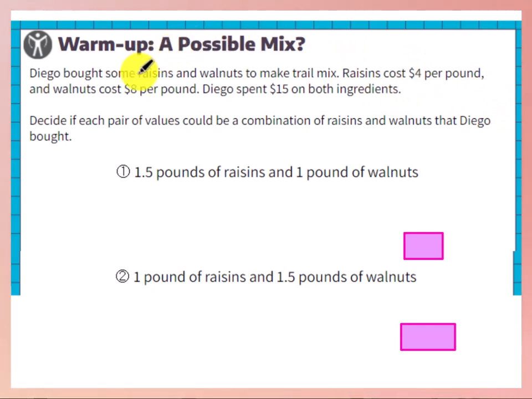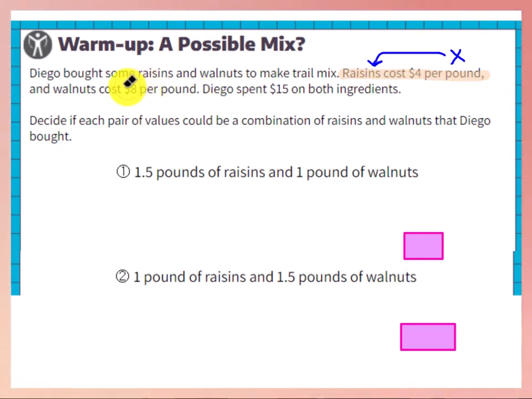All right, so let me highlight. We've got raisins and walnuts. Raisins cost $4 per pound. Per means multiply. We don't know the number of pounds. That can vary. So we'll choose a variable for pounds. I'm going to go ahead and call that X for raisins.